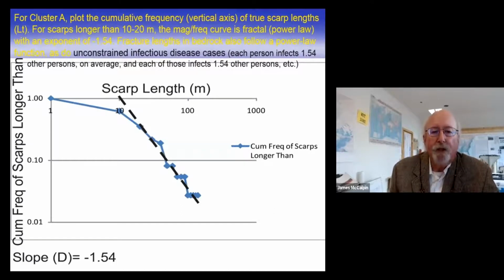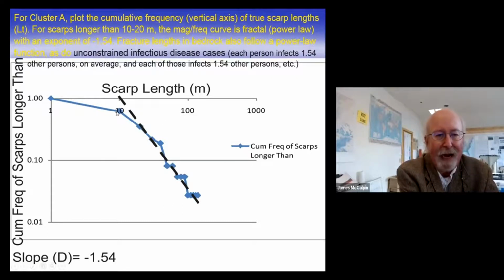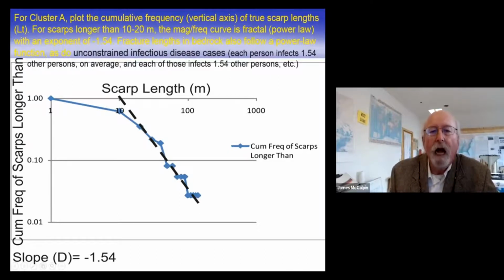One thing that we can do pretty easily from this spreadsheet is look at the cumulative frequency of scarp lengths versus scarp length. And in this particular diagram right here, these are the percentage or the proportion of scarps longer than 1 meter, 10 meters, 100 meters, 1,000 meters. And you can see this cumulative curve becomes straight, which indicates this is a power law or fractal statistical group.